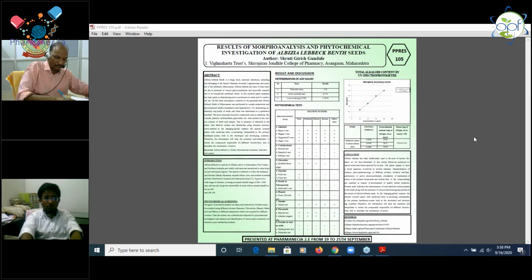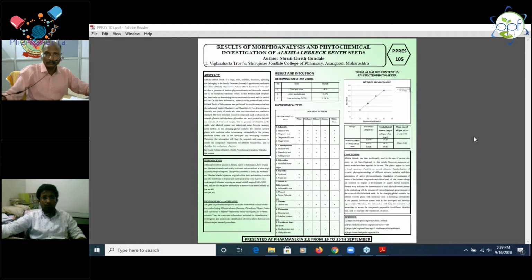Albizia lebbeck belongs to the family Fabaceae, which is also termed Mimosaceae or formerly known as Leguminosae. My research consists of determination of ash values, which comes under morphoanalysis, and we also determined constituents present in Albizia lebbeck Benth seeds by conducting various phytochemical tests.